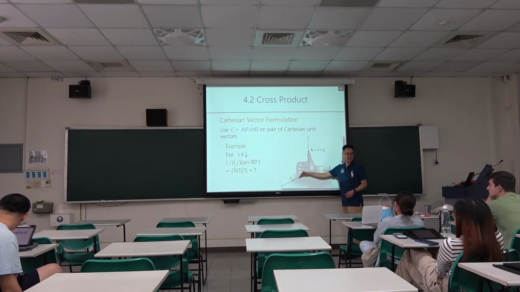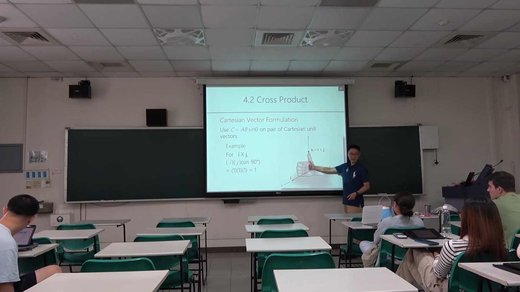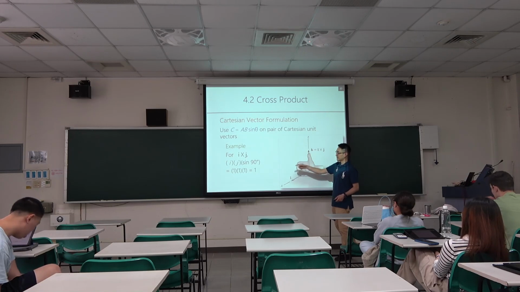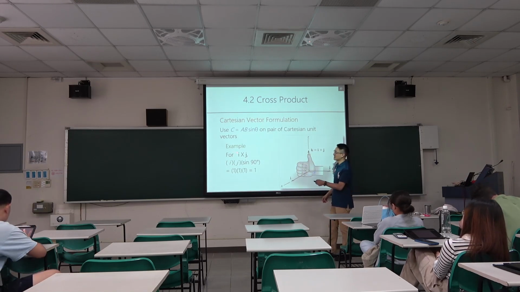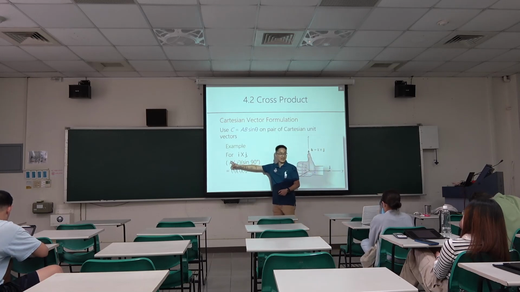Okay, i is x, j is y. So cross product gives us the unit vector for z direction, so it gives us k.